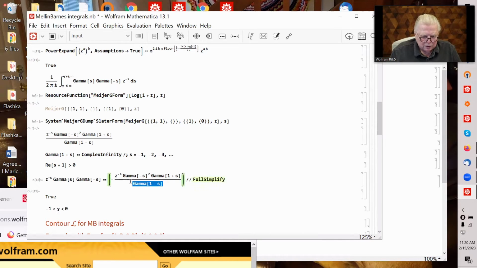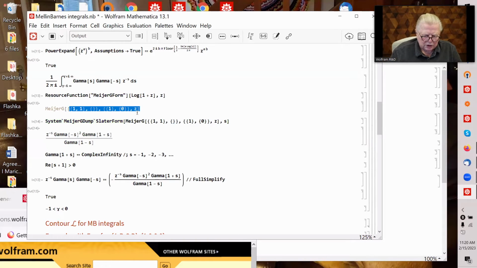For this situation, we can build a Meijer-G function, and below you see in our code we can operate with this function, and we get this function from Meijer-G, and Meijer-G we get from evaluation resource function Meijer-G form log 1 plus z.